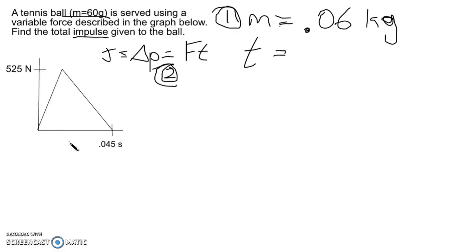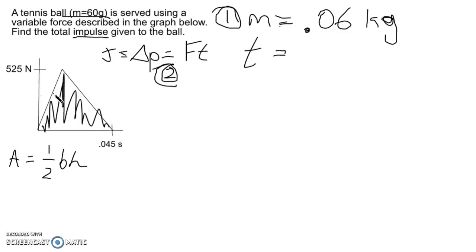The formula for the area of a triangle is 1/2 base times height. So why does that matter? Well, the area of this graph is equivalent to the impulse.